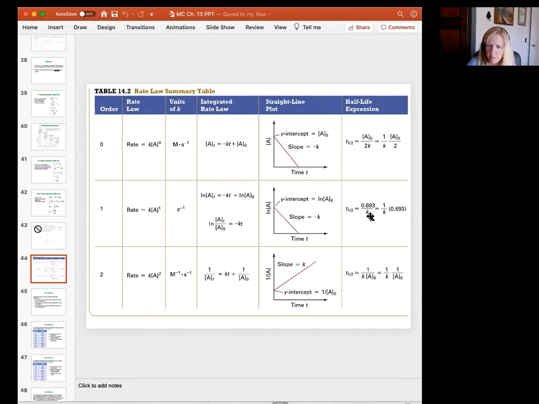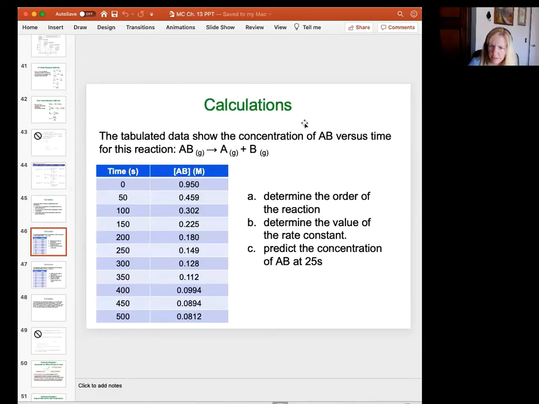And now we have something called half-lives. Half-life is the amount of time that it takes for the concentration of your reactant to drop by half. So if I look at this data here, and I want to think about half-lives, if this is my initial concentration of my reactant AB, I might look down here and see if I can find something that has dropped by half. This would be close.